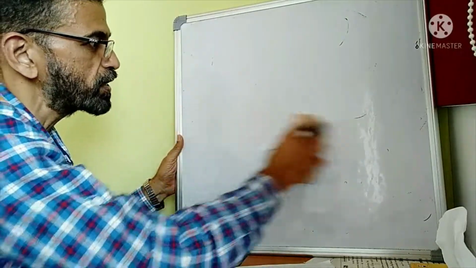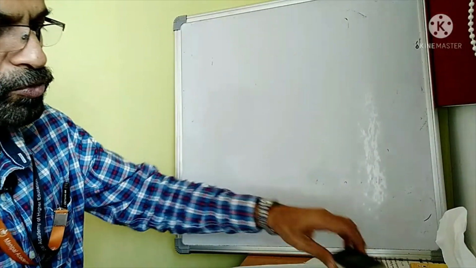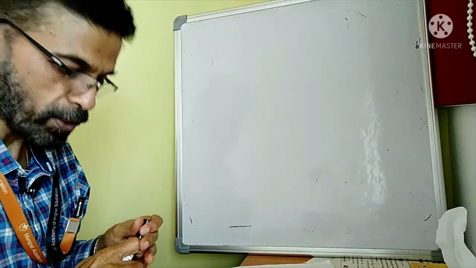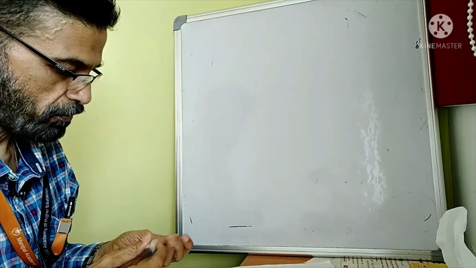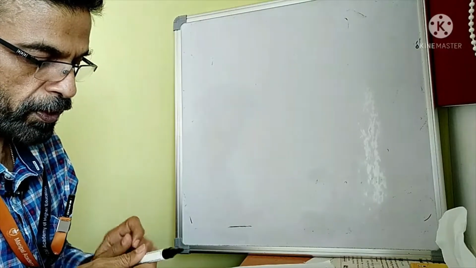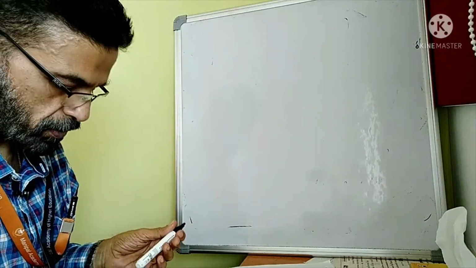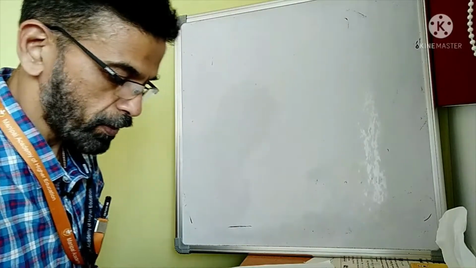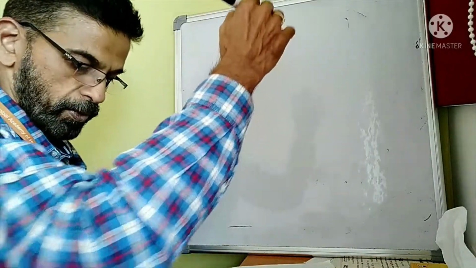And once we have the signal constellation, without any effort whatsoever, we can conclude what will be the bit error rate performance of minimum shift keying. So that table we will form first, and then we will go for the signal space diagram.